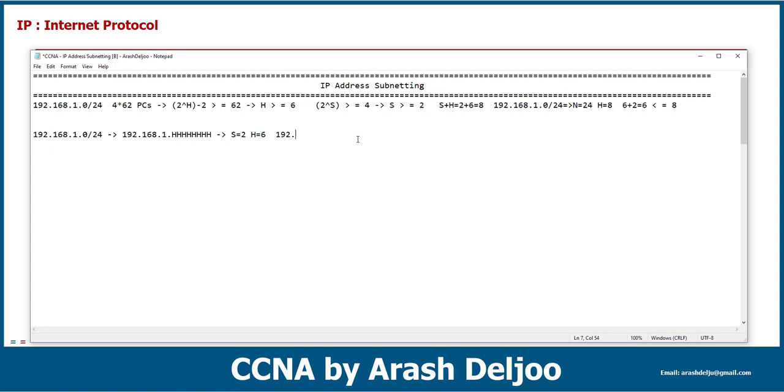Look at here, 192.168.10, I can design with 2 bits of subnet, and after that 6 bits of hosts. This means that in this scenario we are using the subnet mask /26. Why? Because the total number of network bits and subnet bits is 26 bits. If you want, you can write this value in decimal: 255.255.255.192.